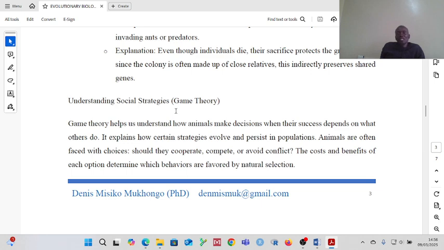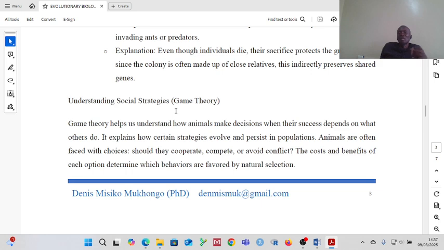Okay? So it then means each of the options that we take will determine which behaviors are favored by natural selection. So if we are to benefit more, then that is what is likely to be favored by natural selection.